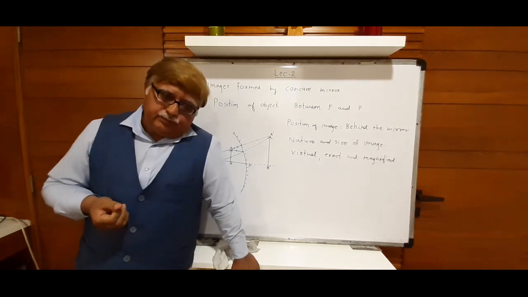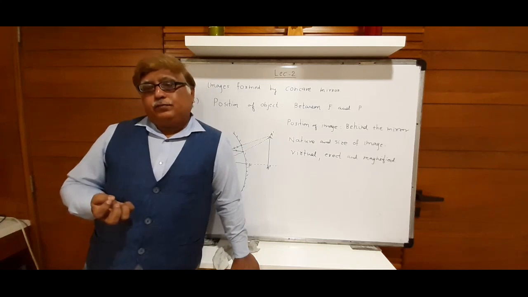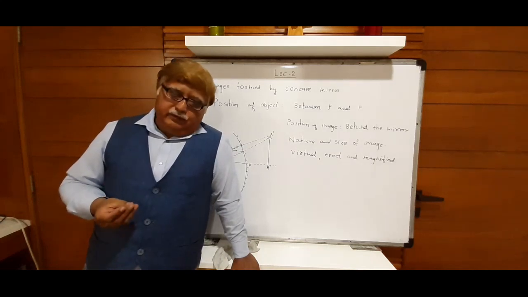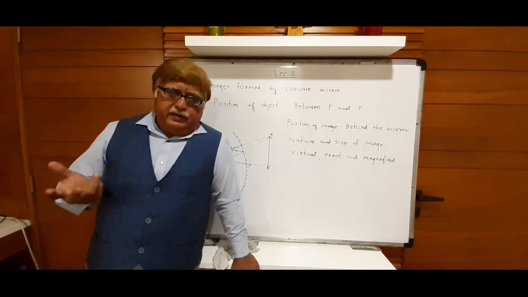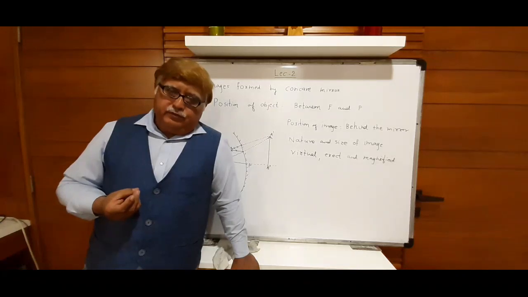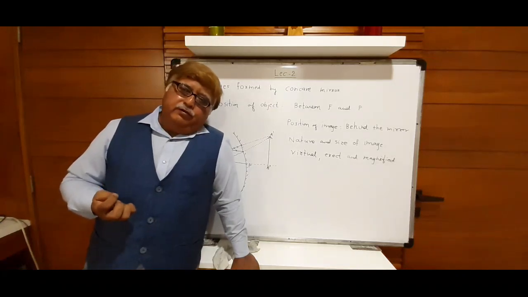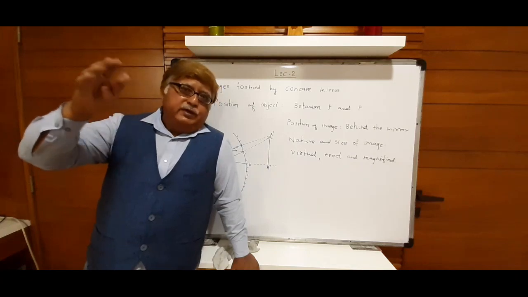Second use, you have already noted down: concave mirror is utilized in headlights of vehicles, searchlights, torchlights, to create a powerful parallel beam of light to visualize the things at distance.